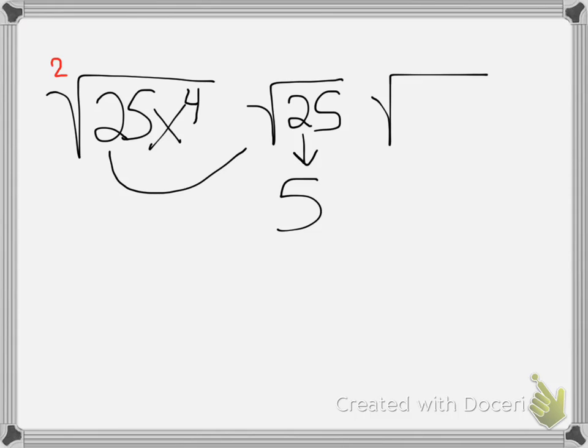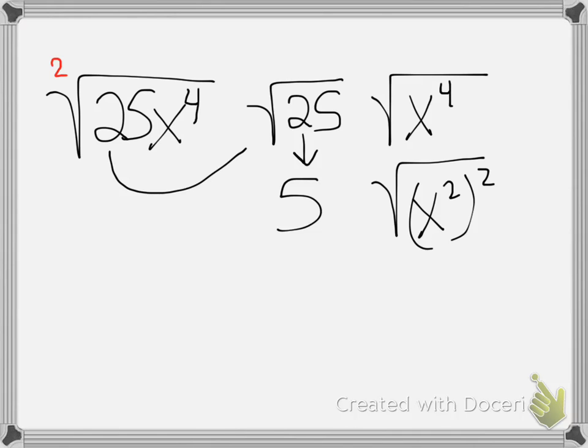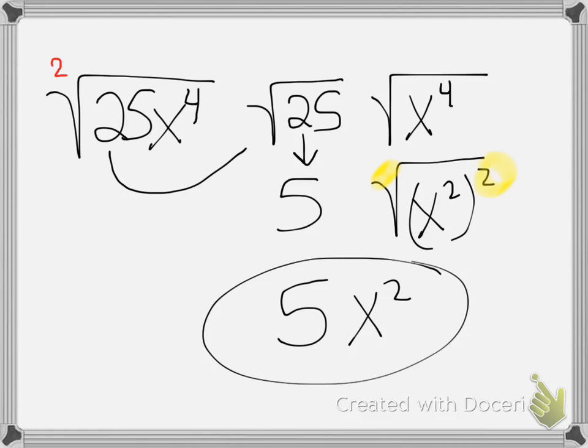And the square root of x to the 4th can be rewritten as the square root of x squared squared. So again, this index and the square will cancel, and I'll get 5x squared. And that would be my answer. Now your calculator won't do it with variables in it. That's why you need to understand it with numbers first.